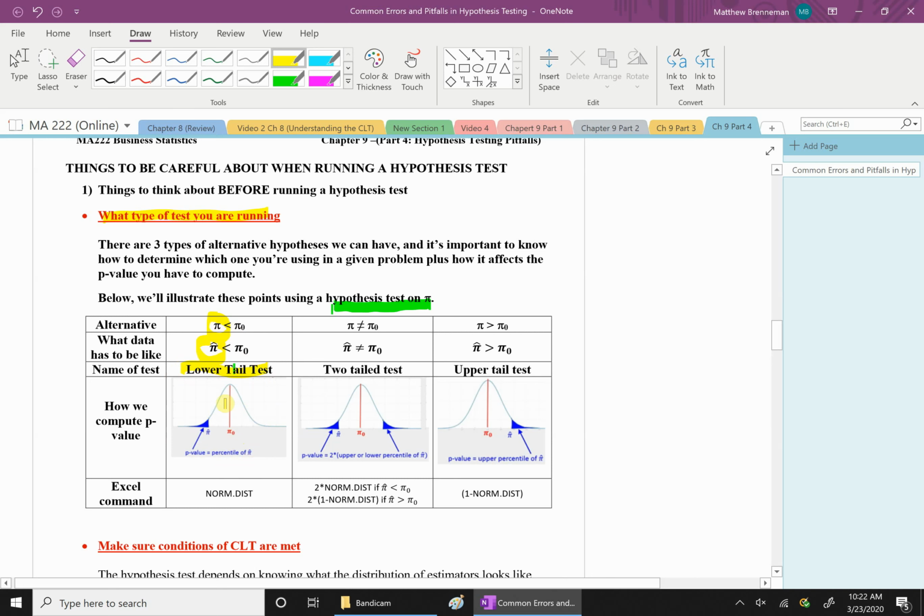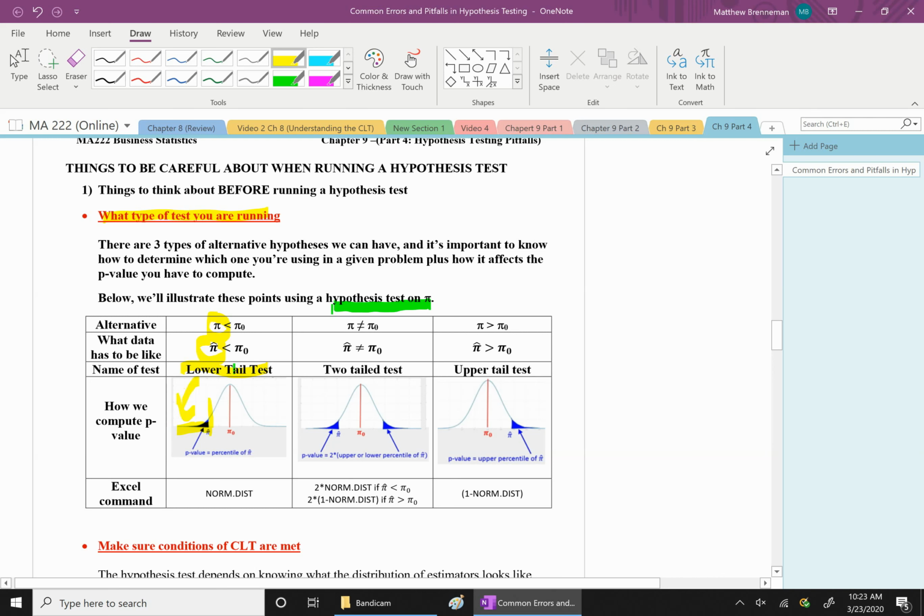Again, our evidence, if we're trying to prove it's less than a specific value, our sample estimate has to be below pi naught, and we're computing the area in the left-hand tail or the lower tail. So the probability that this is less than our observed value is this p-value right here, this area right here, hence lower tail test.